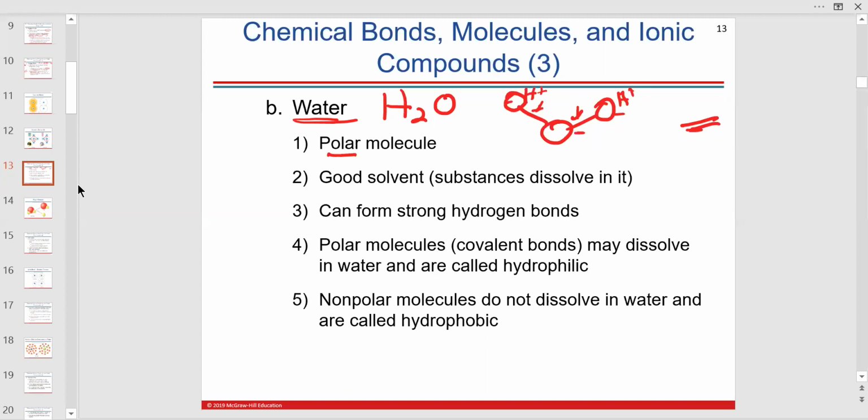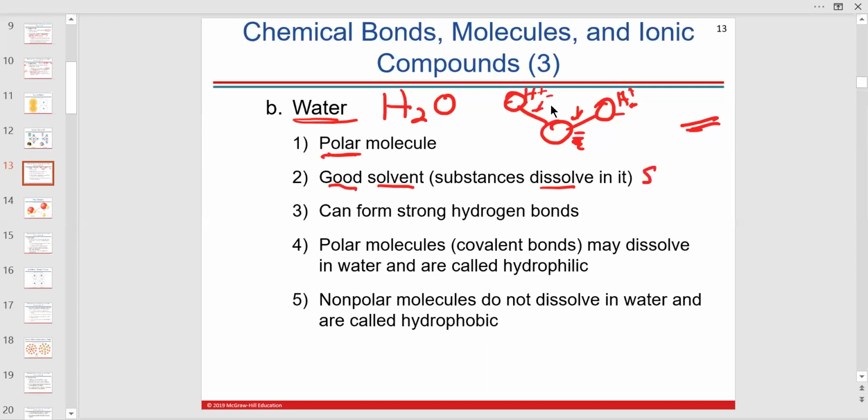So in this big molecule of water, you have this polarity. You have negative at the oxygen, positive at the hydrogen. And that's what gives it its polarity. It's a miraculous molecule. And it's a good solvent. All the reactions can react within it, and all the solutes dissolve in it.